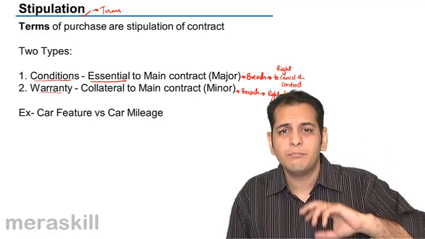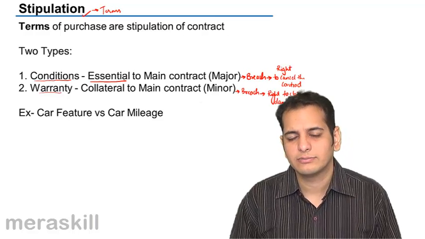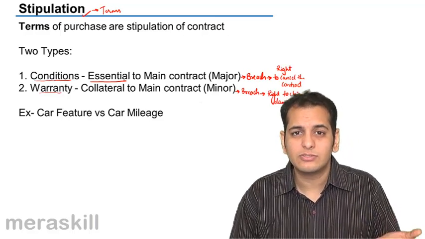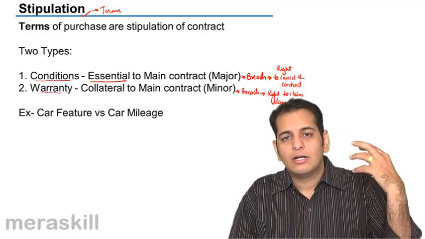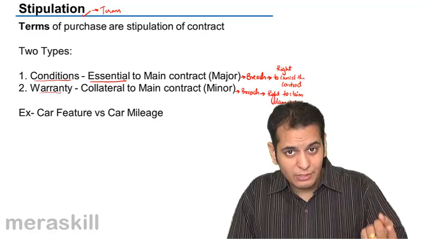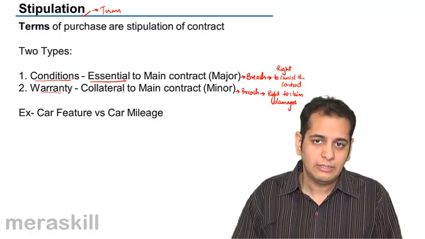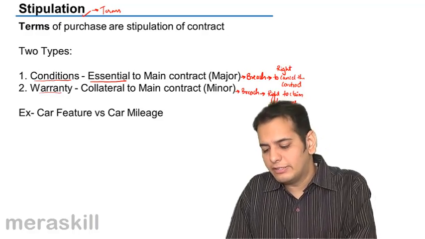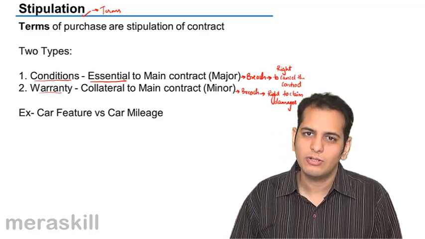It is very much important. It is the reason why you are making the contract. It's the base, it's the motive of you making the contract. So, a condition is a stipulation which is essential to the main purpose of the contract, the breach of which will give you a right to repudiate the contract. Repudiate means to cancel the contract.